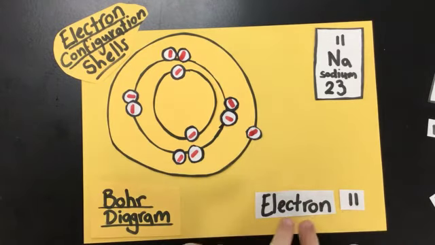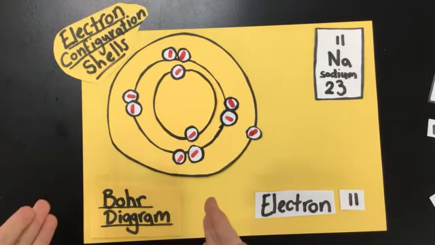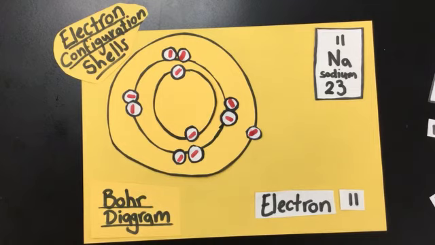Our electron count is 11. So we have done a perfect shell diagram. Or in this case, we call it a Bohr diagram. Give it a try. There's a few on the worksheet. Please give them a go, and I'll talk to you guys later.